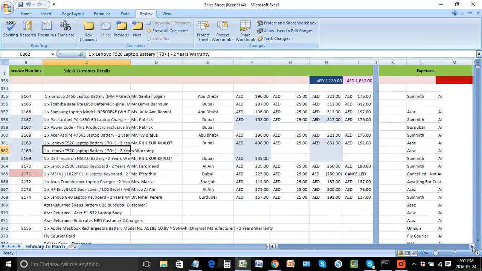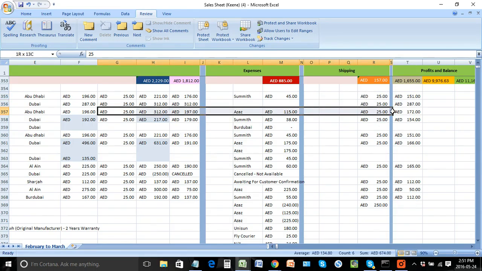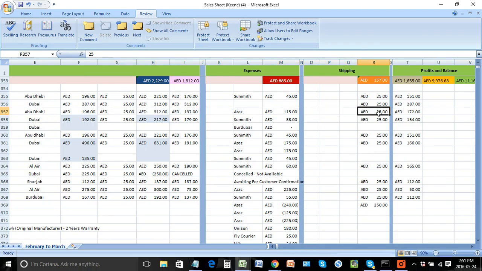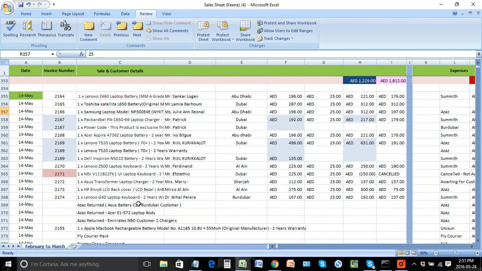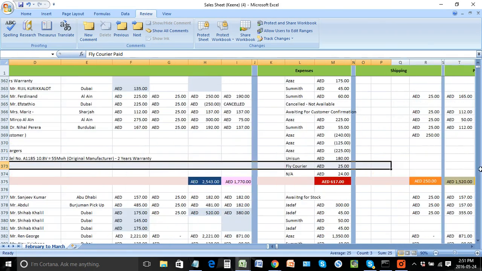This is crazy. We don't know who delivered this, and then it gets even crazier. As I said, this is delivered here, right? So the 25 dirham for this order is being charged here straight away, and then when you go here, you can find some courier charges. Fly courier paid. Doesn't make any sense.